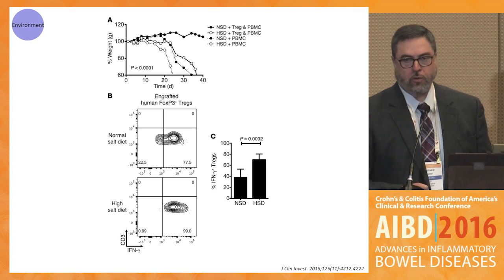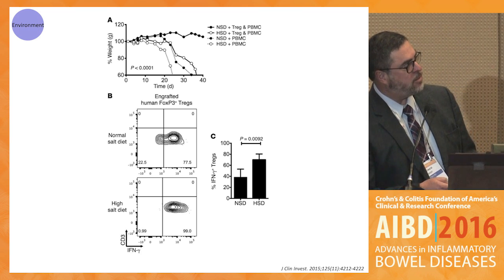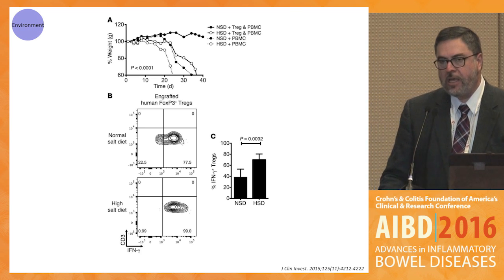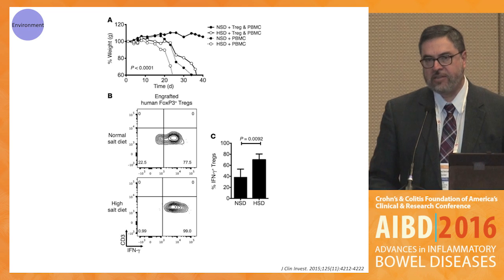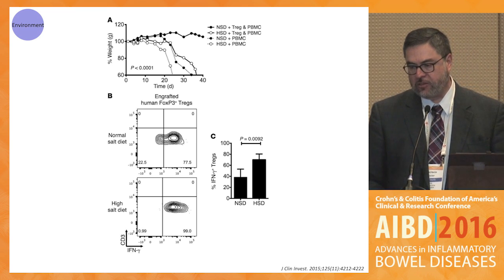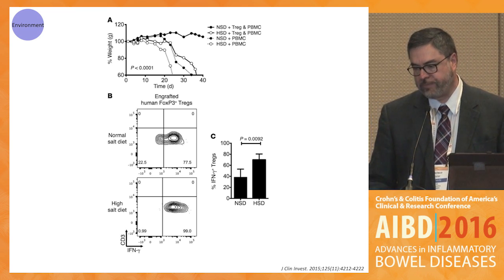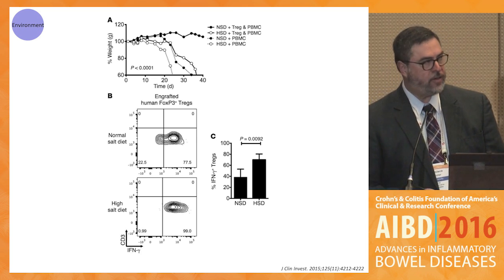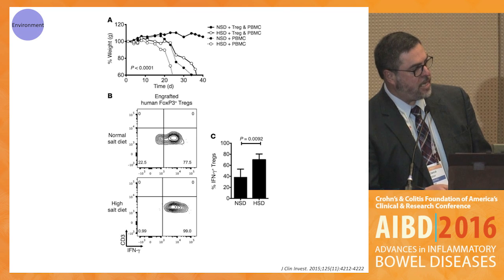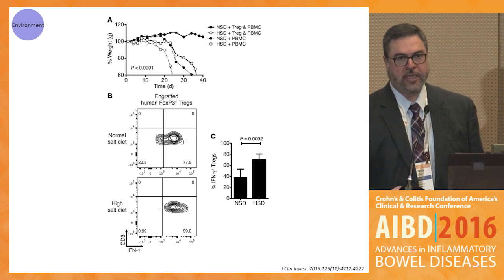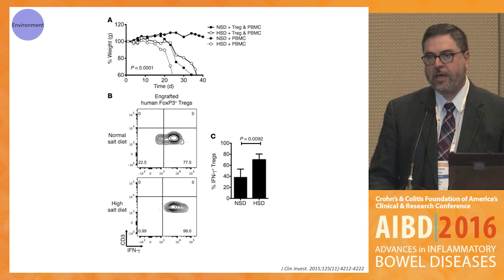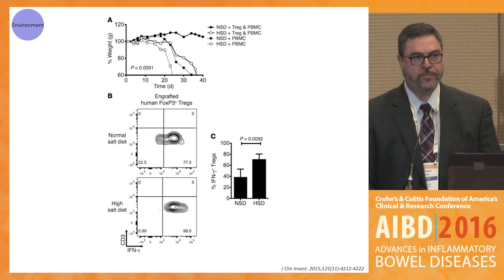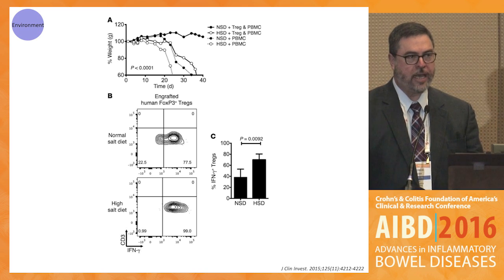And you will quickly recognize this is weight, so this is weight loss, that in the presence of a high-salt diet, these animals lose weight as a result of inflammation in the colon. Not only that, but the T cells in the presence of high salt will increase their activity and produce interferon gamma. So they become pro-inflammatory in the setting of a high-salt diet. So next time you eat sushi, don't add the soy sauce.